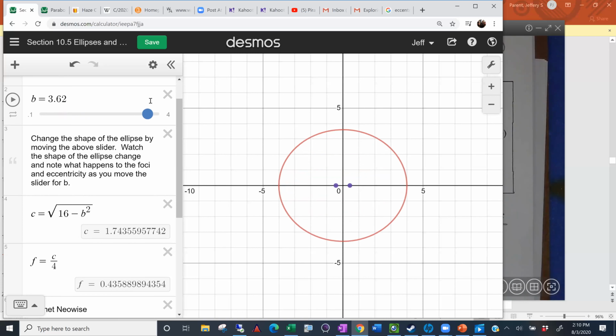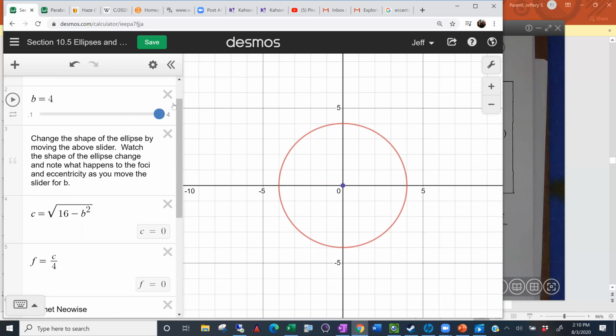The foci are getting closer and closer together, closer and closer to the center, and finally, bam, what happens? When this is a perfect circle, you really have one focus, which is the center of your circle. So the circle is kind of a special case of an ellipse.